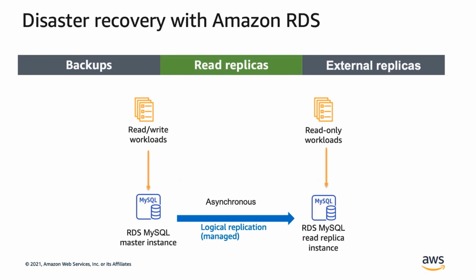Second, RDS MySQL and MariaDB support push-button read replicas. You can create a read replica with a single click. And you can create them within a region or across regions. Read replicas are fully managed and can be promoted in place to become a primary instance.